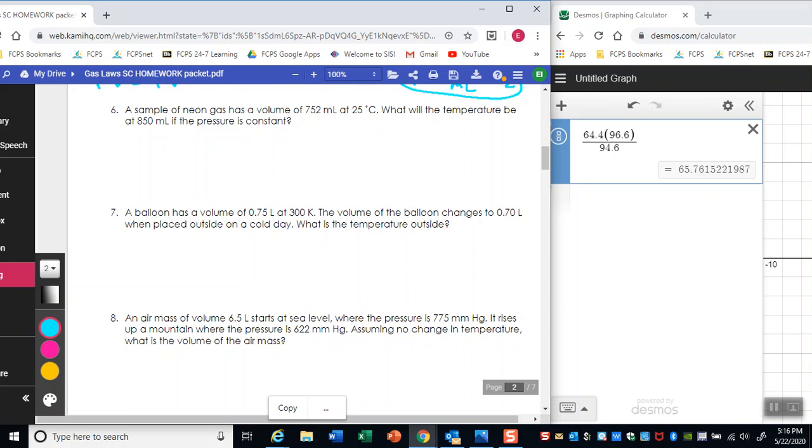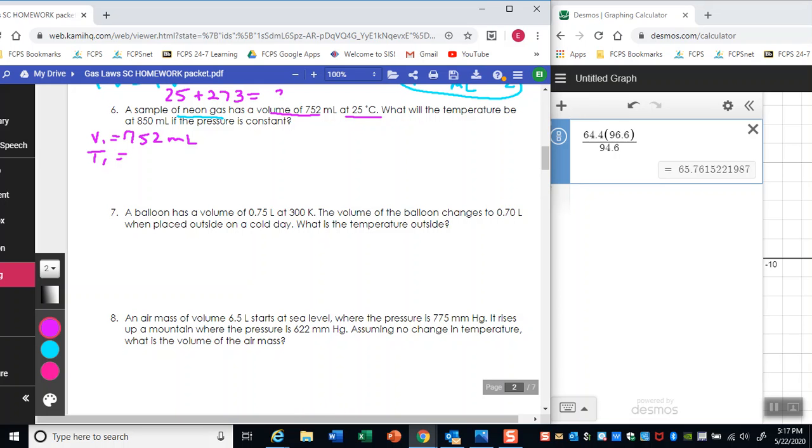All right, so now we have some neon gas, and it's got a volume of 752 milliliters at 25 degrees Celsius. So we're just going to get in the habit of converting to Kelvins. For 25 degrees Celsius, all you have to do is add 273 to get Kelvins.